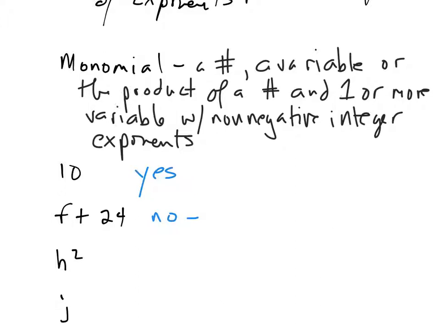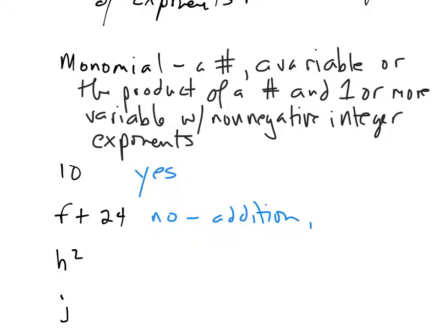It's adding instead of multiplying, right? The definition says nothing about adding or subtracting. It only talks about multiplication, right? So because there is an addition symbol, it's not a monomial.